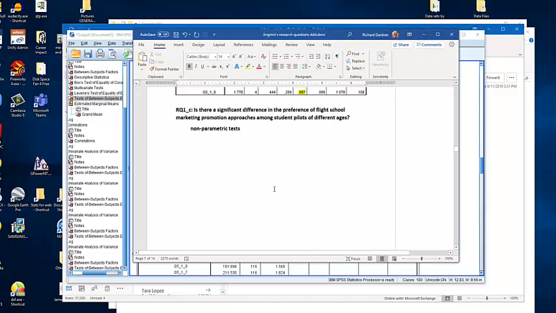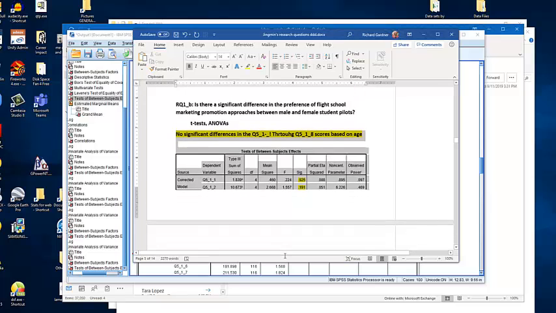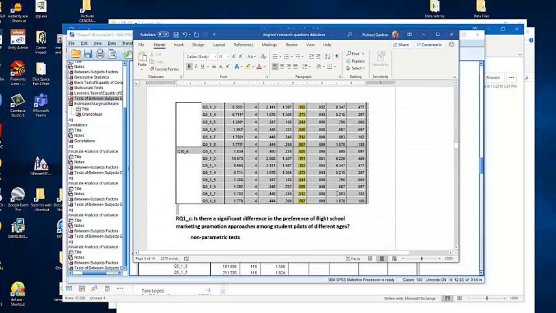Wait, let's back up. So what was 1B? This was 1B. No, this is males and females. We didn't do the males and females, because it's two groups, which is very similar with international. We'll do the males and females again. It won't take very long. But this one is ages.